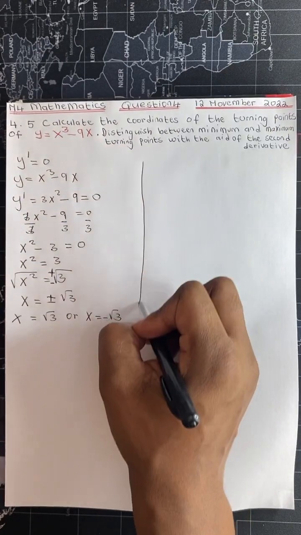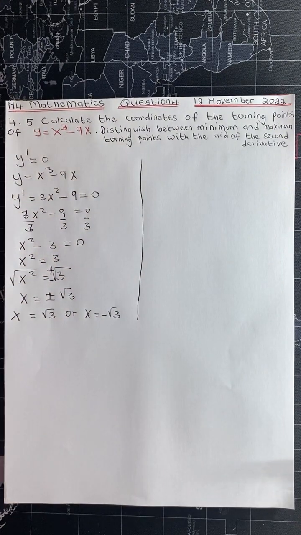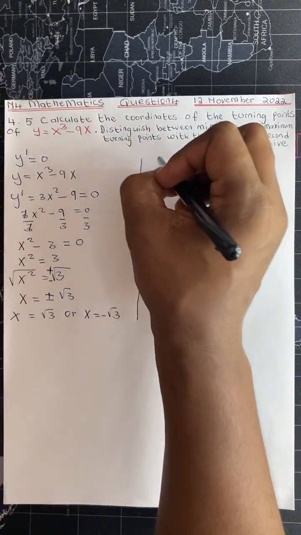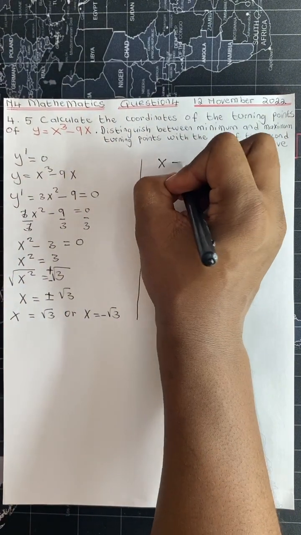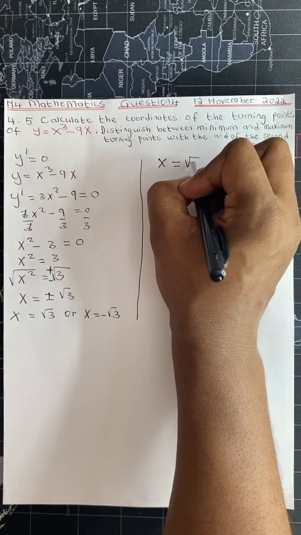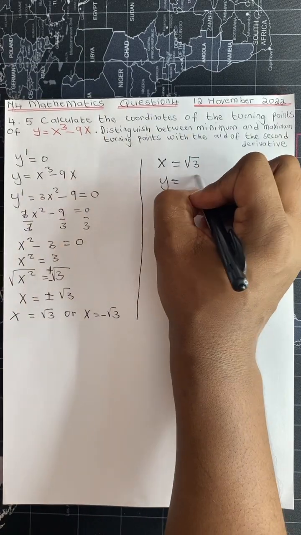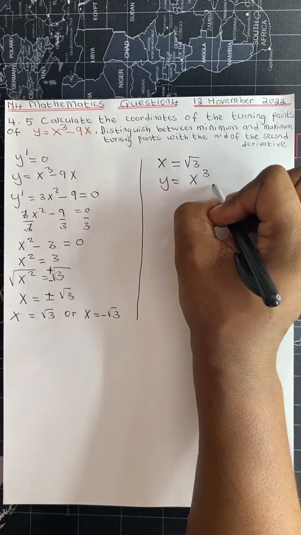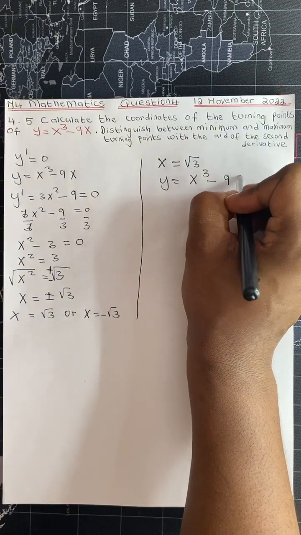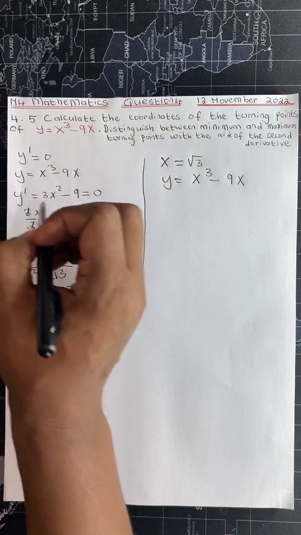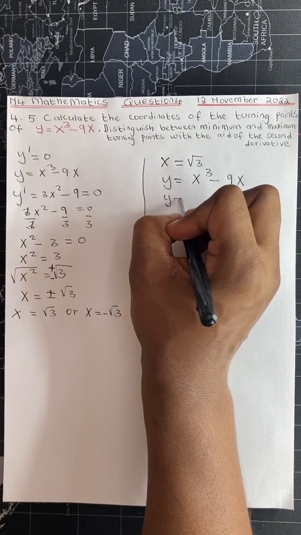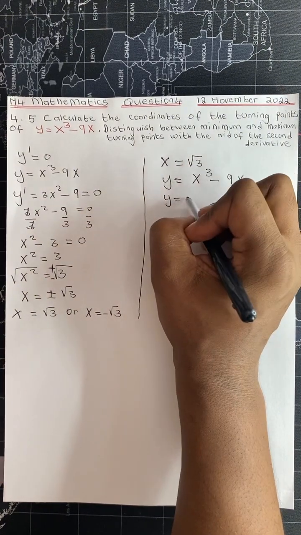So let's determine the corresponding y values of the x's. In order for us to get the corresponding y value for x equal to the square root of 3, we substitute it into the original y equation, x cubed minus 9x, and not this derived equation. So where there is x, we substitute the square root of 3.